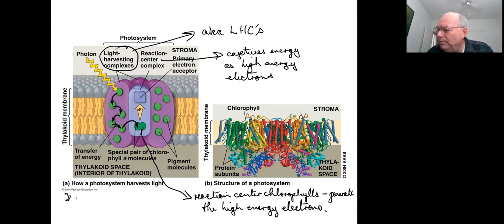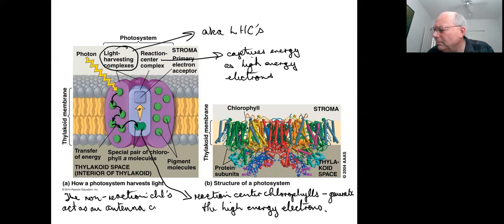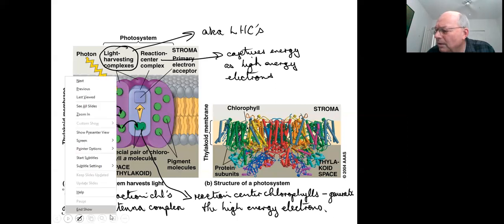So the non-reaction center chlorophylls, and that's the shorthand for chlorophyll, CHL.